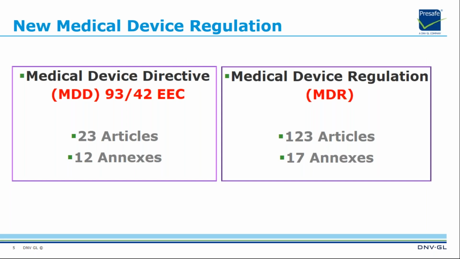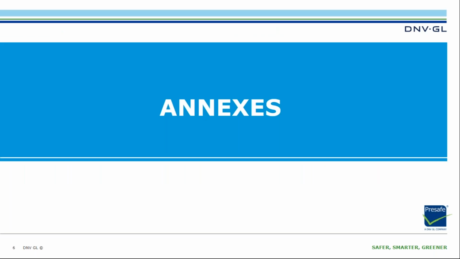In comparison with the previous Medical Device Directive, MDD 93/42, MDR has 123 articles including 17 annexes, whereas previously it had 23 articles and just 12 annexes. So there are many new requirements and regulations for medical devices that want to be put on the market.